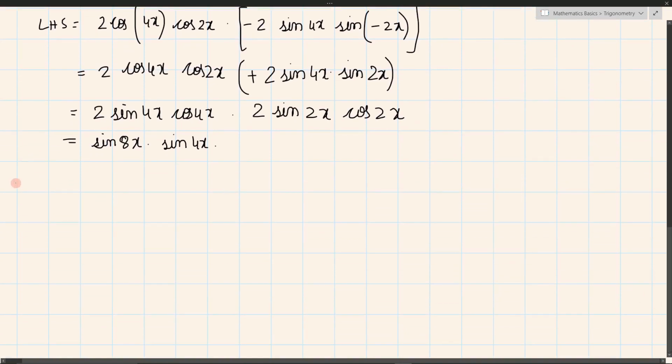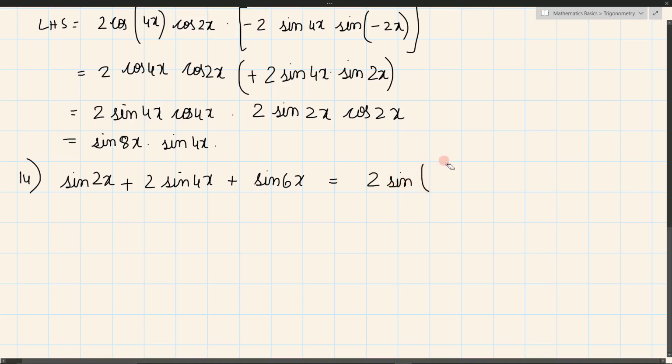Question number 14. So we have sine 2x plus 2 sine 4x plus sine 6x is equal to 4 cos square x sine 4x.